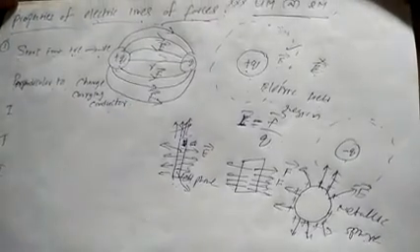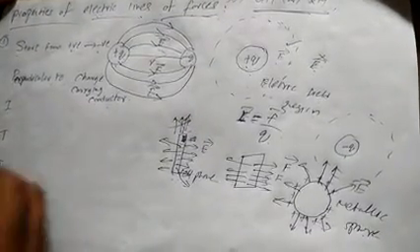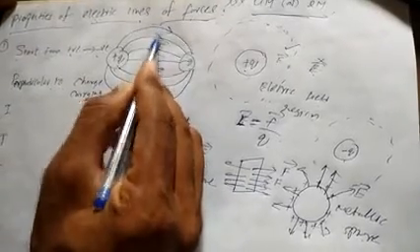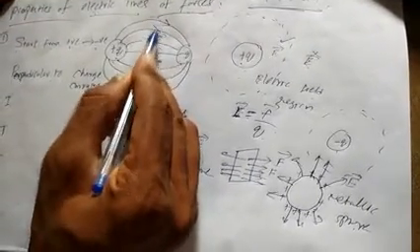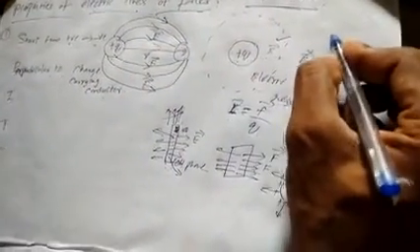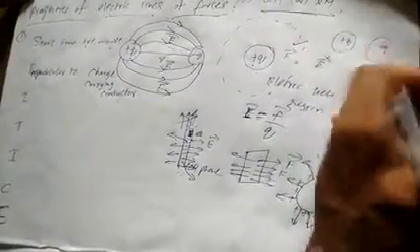Next, third property. They never intersect. If you take any two electric field lines, they never intersect like this. Suppose you take a simple example with one positive charge and one negative charge.